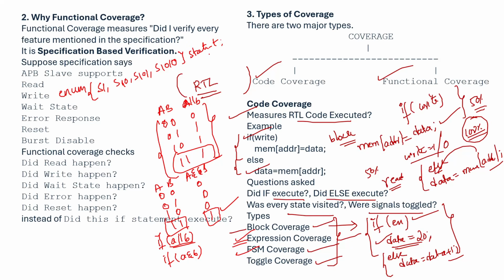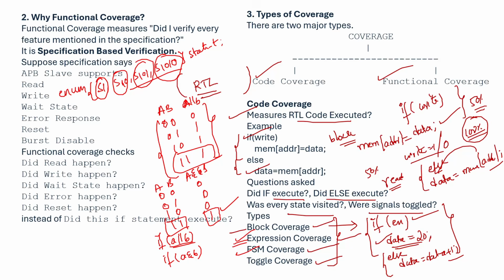So these states are covered or not, these states are moving or not. It will tell you the state coverage, that means FSM will tell you whether S1 is covered or not, S10 is covered or not, S101 is covered or not, S1010 is covered or not. All these states we need to check.